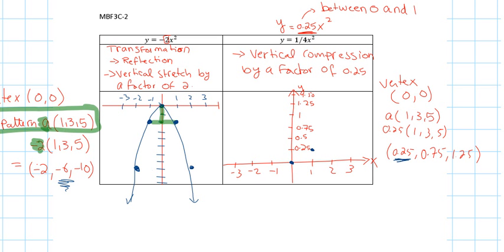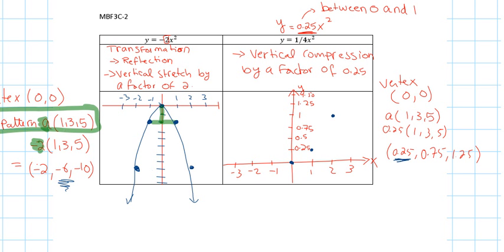So 0.25, 0.5, 0.75, that means I go up 1, 2, 3 and then 1 to the right.